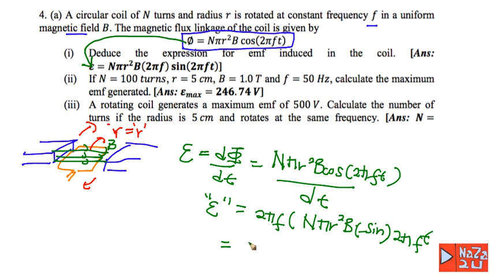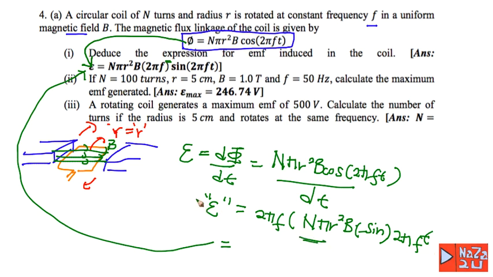You can compare with the answer given by the question: n, 2 pi, pi, r square, frequency, and the sine. You can use a positive or negative, but the answer must use a negative because the differentiation of cos gives a negative sign: negative sin 2 pi ft. So this is the answer for the induced EMF.